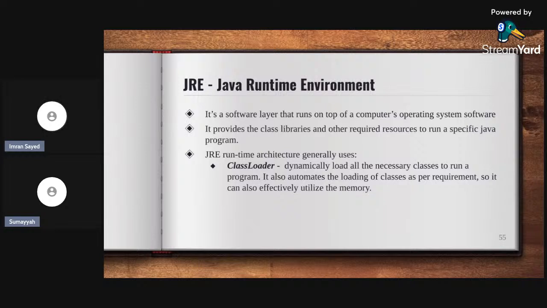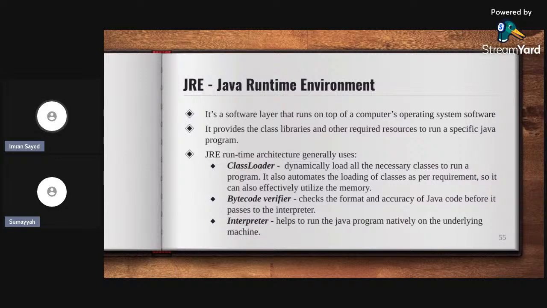It automates the loading of the classes per requirement so it can effectively utilize the memory. The bytecode verifier checks the format and accuracy of the Java code before passing it to the interpreter. An interpreter helps to run the Java program natively on the underlying machine.